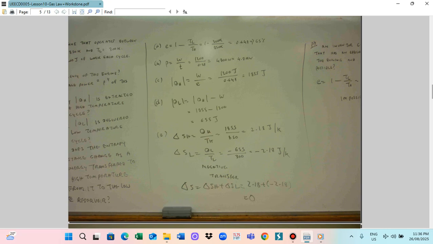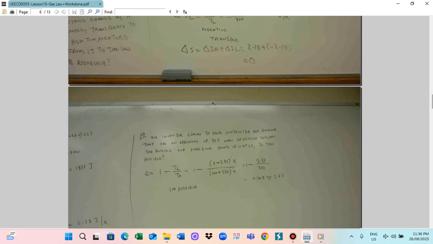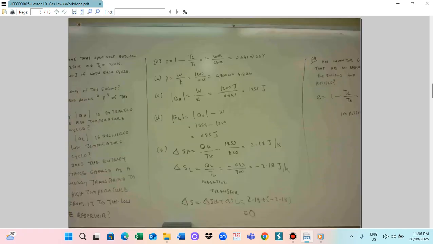The efficiency is already given, so the output mechanical energy divided by the efficiency gives the input heat energy. The output mechanical energy is 1200 joules and the efficiency is 0.647, so you get 1855 joules. So the heat QH is 1855 joules.